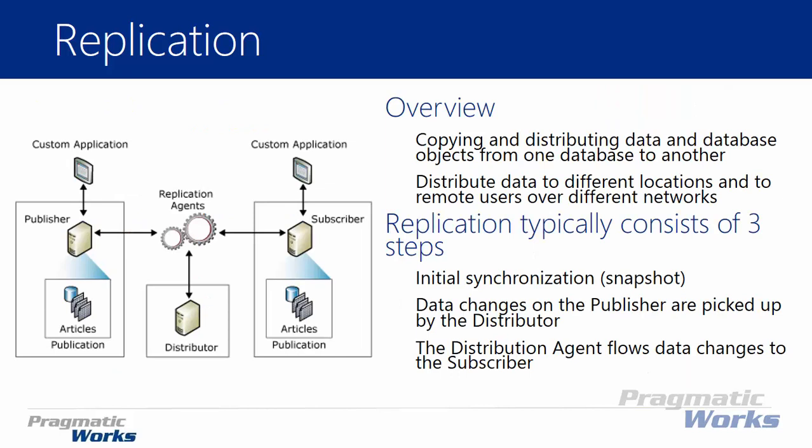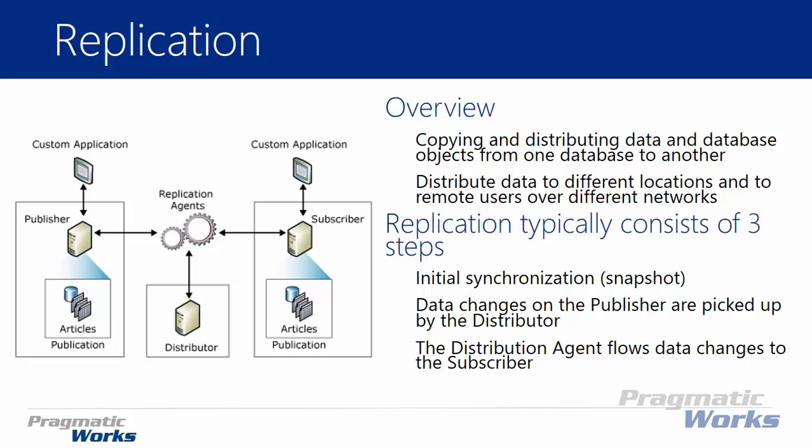Here you can see we have a slide with a diagram showing what replication is. It's the copying and distributing of data and database objects from one database to another. It distributes data to different work locations, or different locations, to remote users over different networks. You could also use it that way.